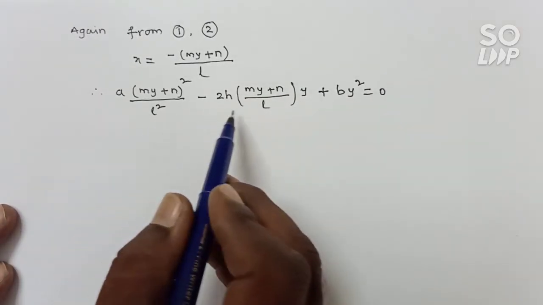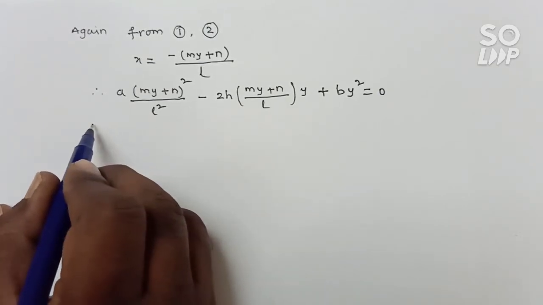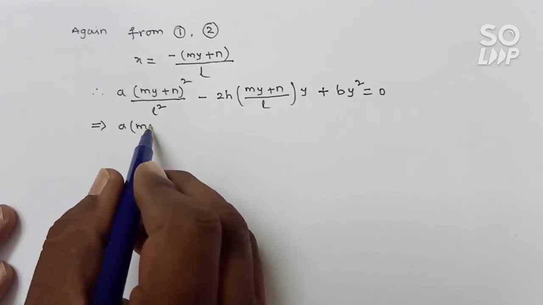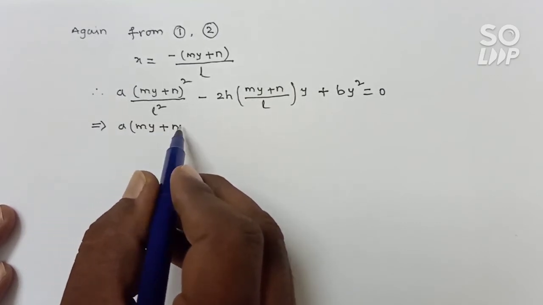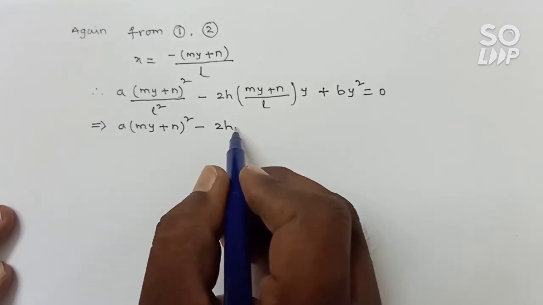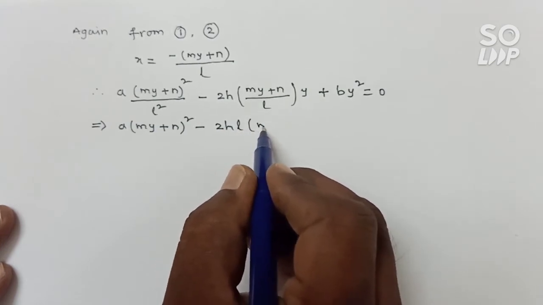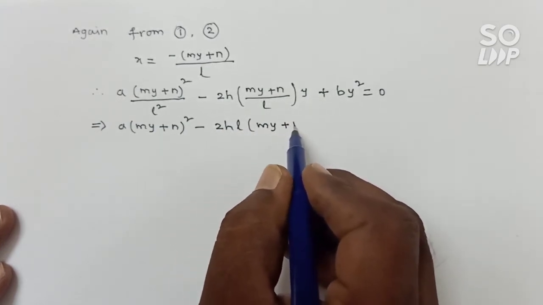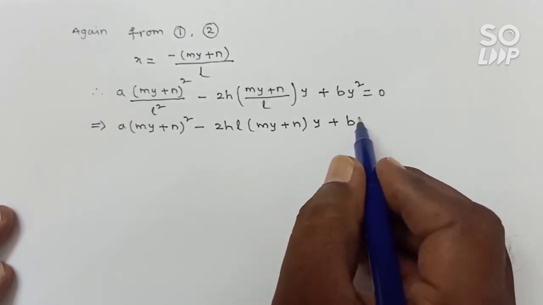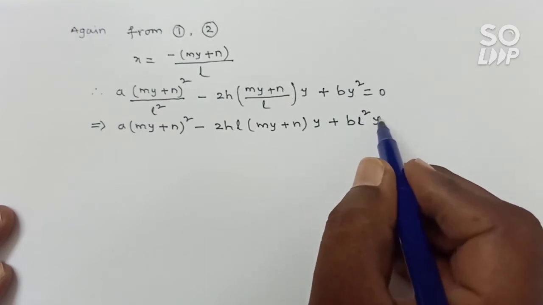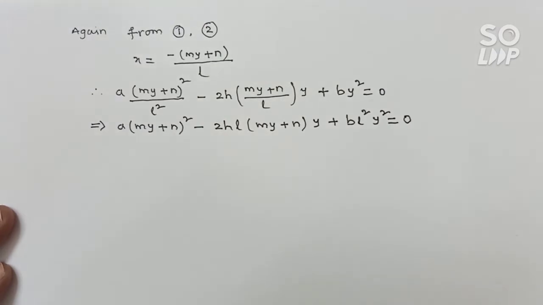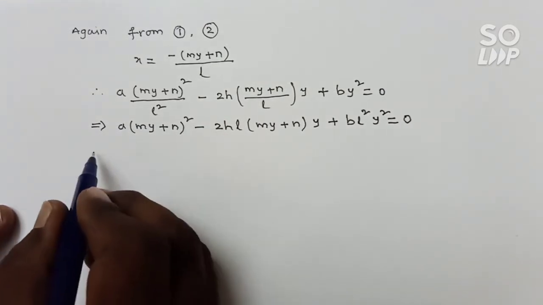What is the LCM of this? L square is the LCM. That implies a into (m into y plus n) whole square minus 2h into L into (m into y plus n) into y plus b into L square into y square is equal to, LCM will be cross multiplying, that becomes 0.